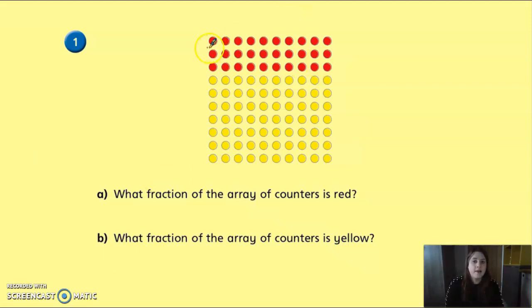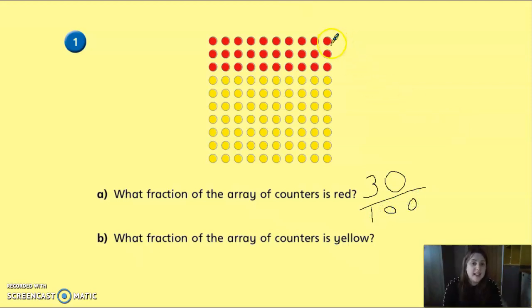So, if it's 10 by 10, I know I've got 10, 20, 30. So 30 of my counters are red. And what is the total it is out of? It's 100 square of counters. So there is 100 of them all together. So 30 out of 100 are red. So hopefully that makes sense.